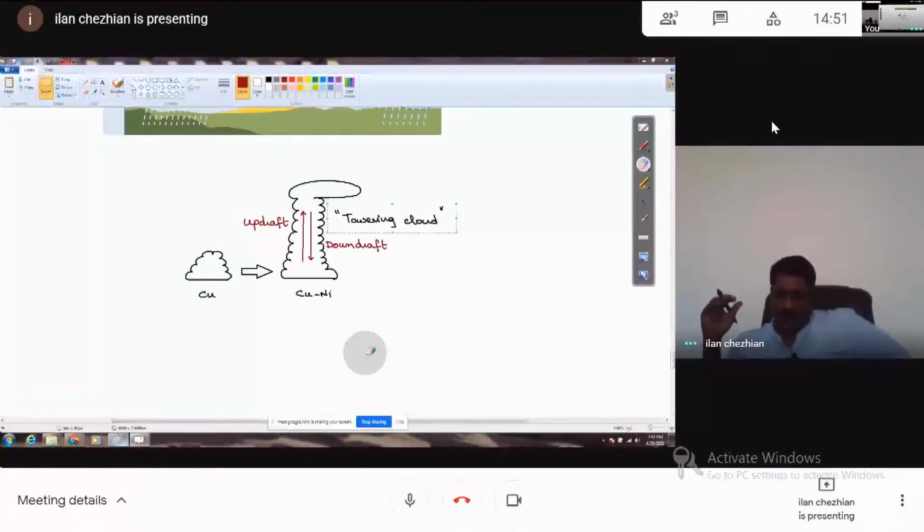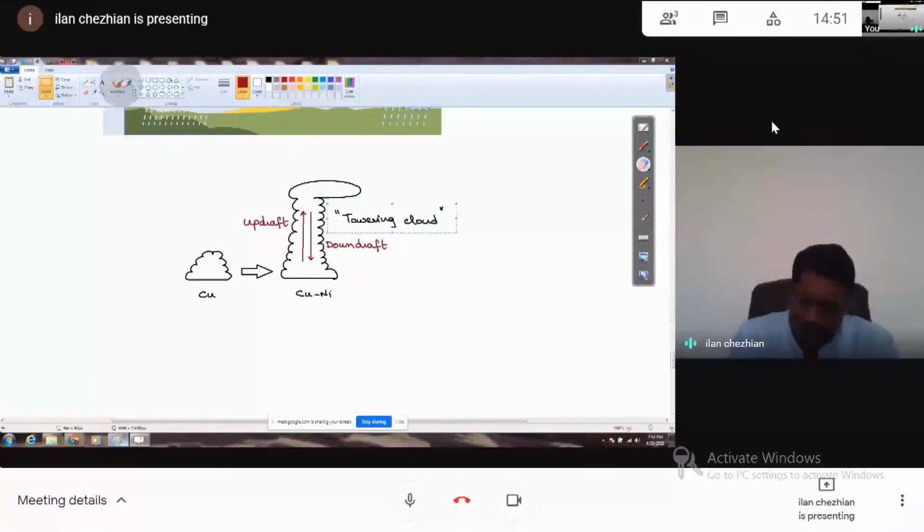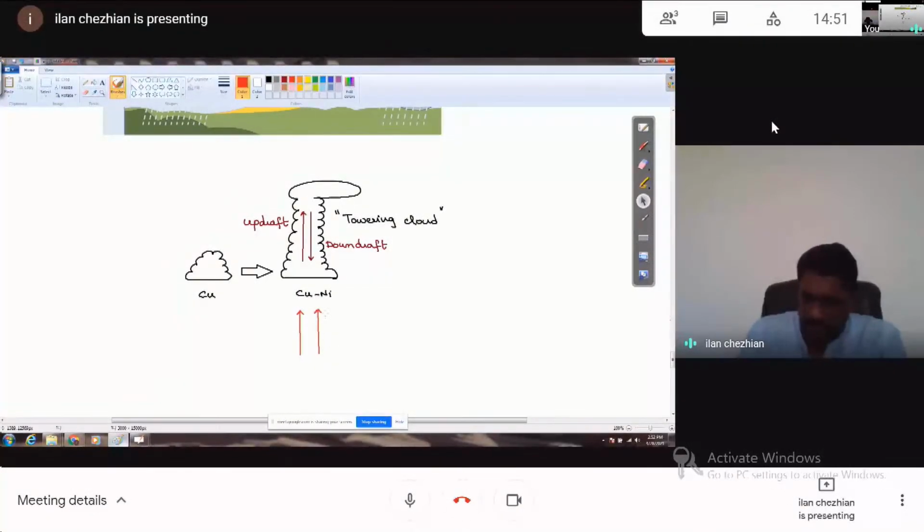Okay, now comes the question. Everything is fine, but why does this cumulus cloud become a cumulonimbus cloud? It's all because of a very strong rising convection. Wherever you experience a very strong rising convection, you experience cumulus clouds becoming cumulonimbus clouds.